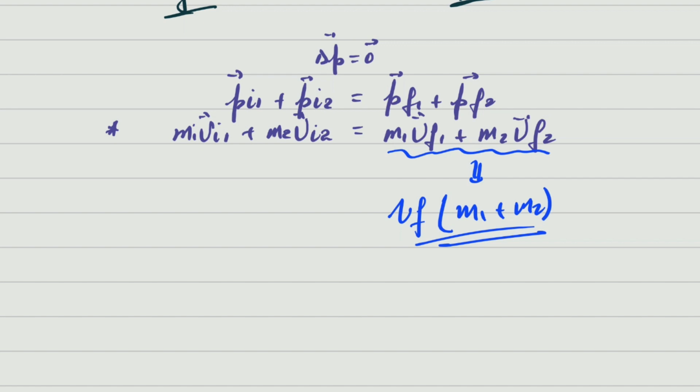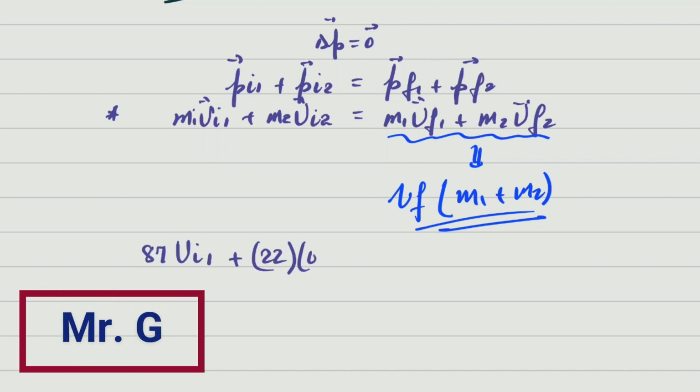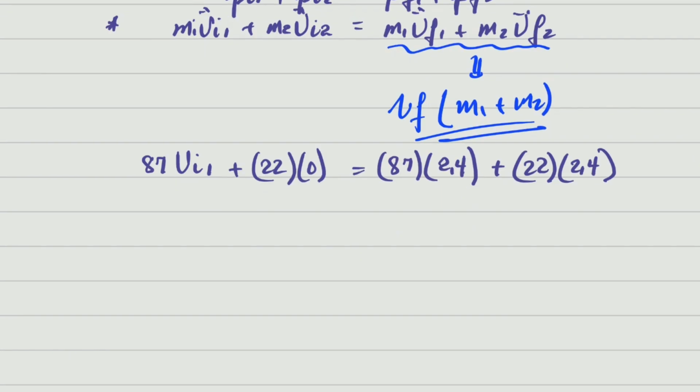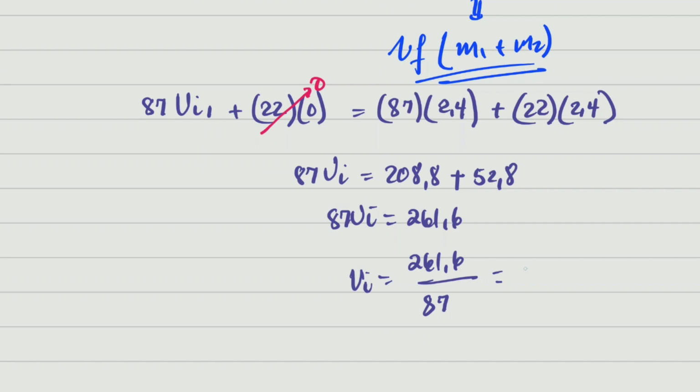In this case, I am going to substitute everything. And then the final answer here is equal to 3,01 if you round off to 2 decimal places after the comma. That is the final answer for this question.